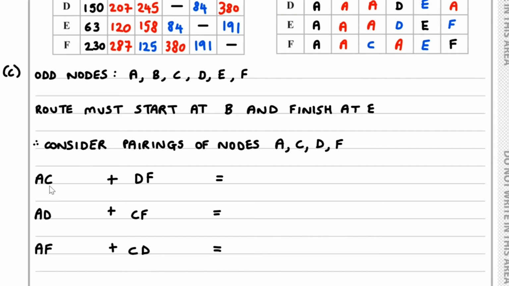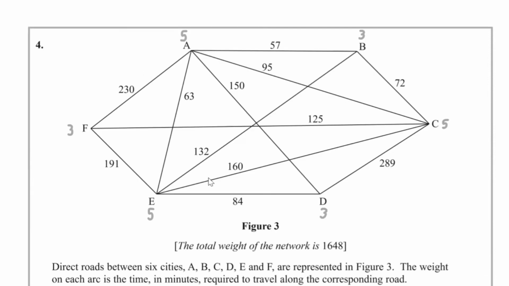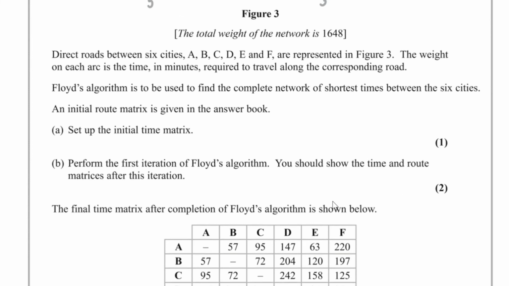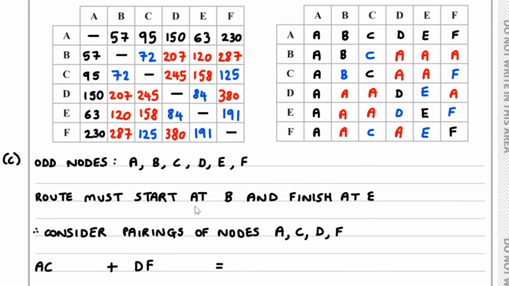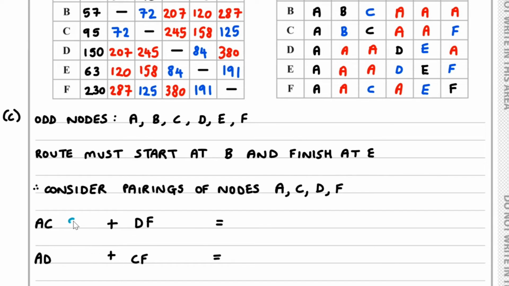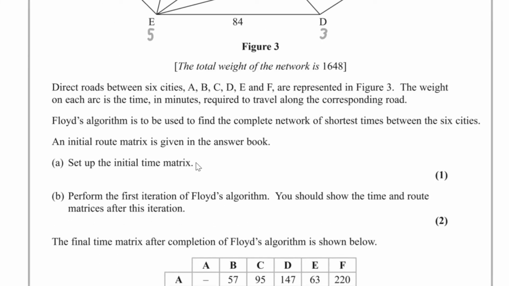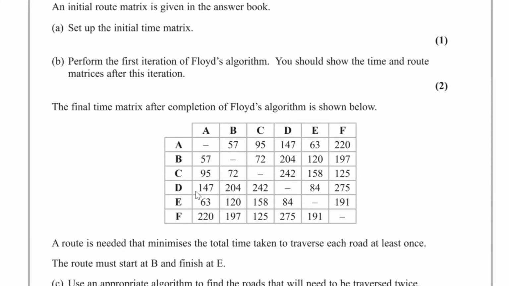So, AC: if we work out what that is, from A to C, you can see the shortest distance is 95. So here we have 95, and then DF, that will be 275.